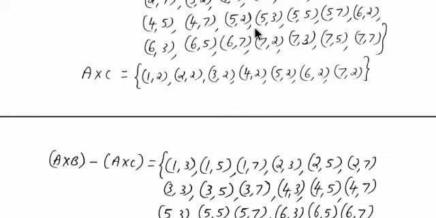Then 5, 3, 5, 5, 5, 7. 6, 2 cannot be taken, it is cancelled. Then 6, 3 can be taken. Then 6, 5, 6, 7.